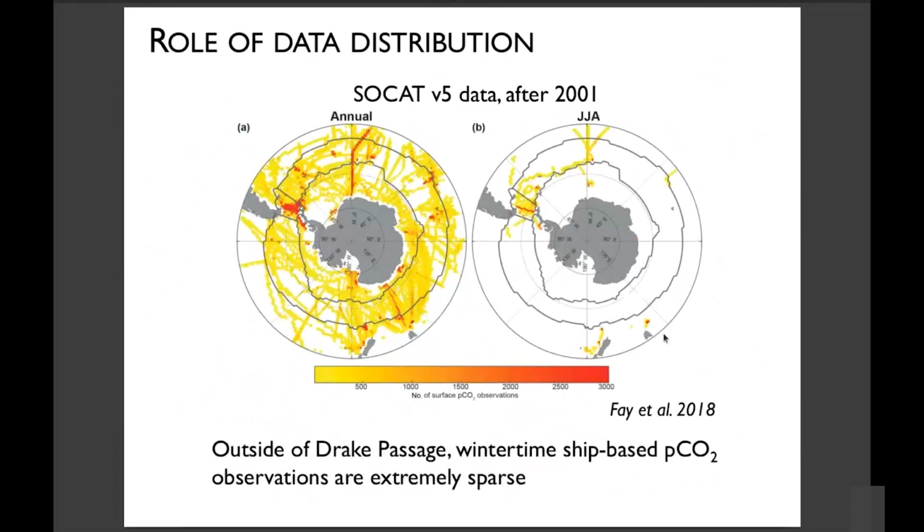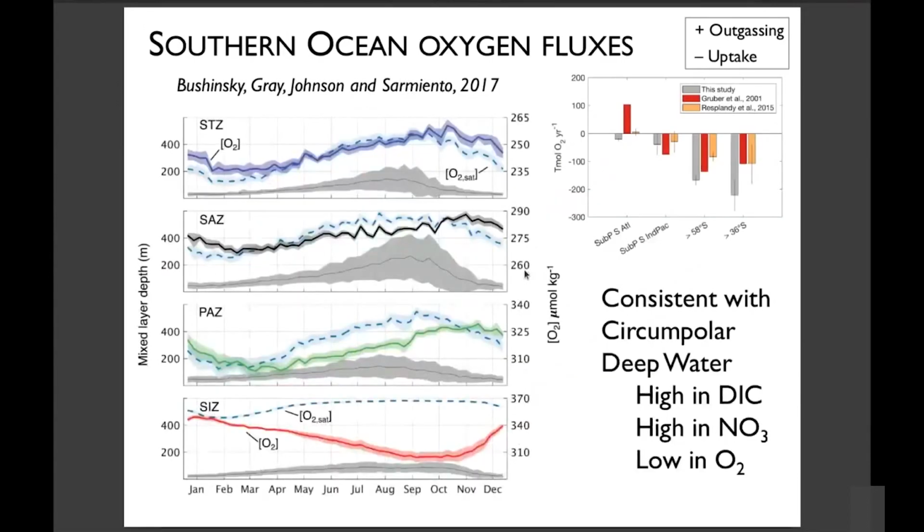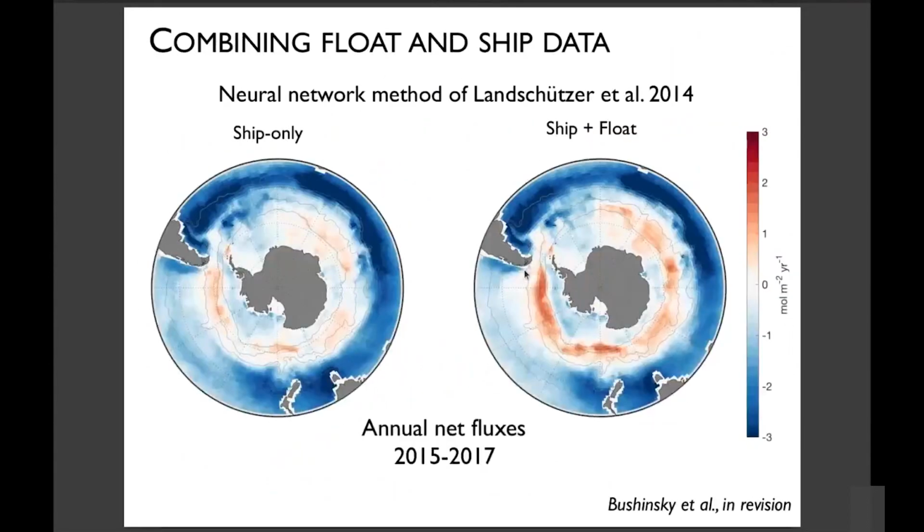And this comes back to the role of spatial variability. I know I'm running out of time, so I want to skip a few things. But this finding, that we have a lot more outgassing in this high latitude part of the Southern Ocean when we look at the float data compared to just the ship data, was also confirmed by a paper now published by Seth Bushinsky, where we combined the ship data and the float data together using a neural network mapping method.